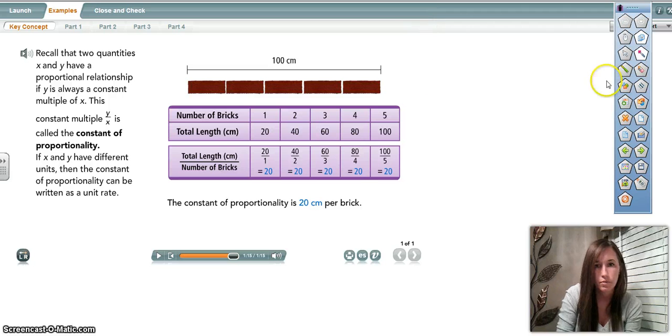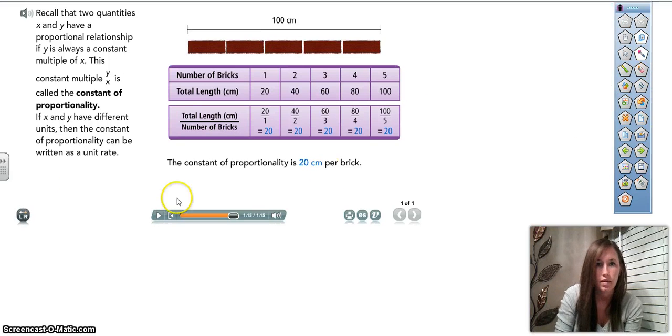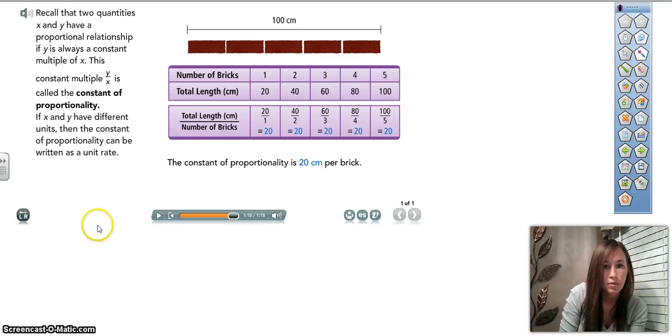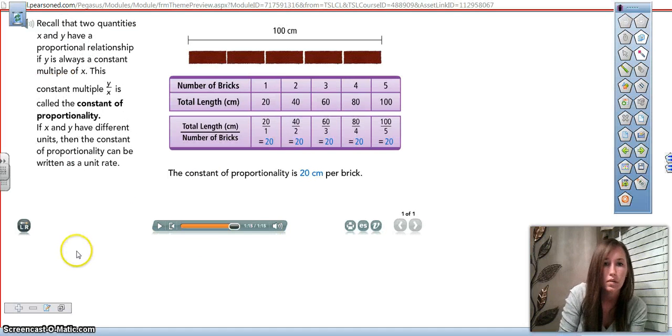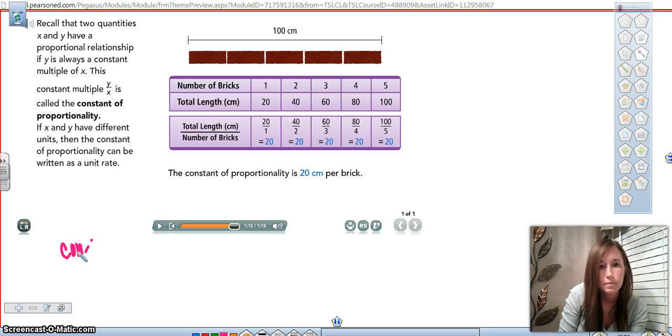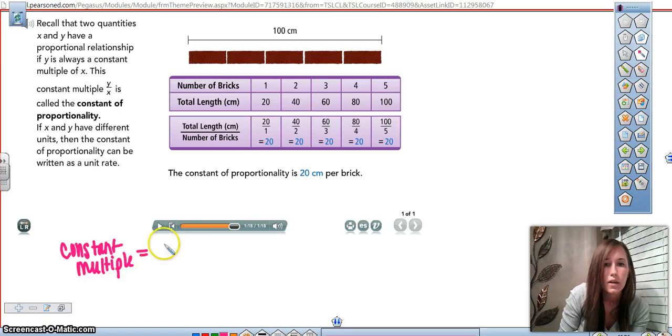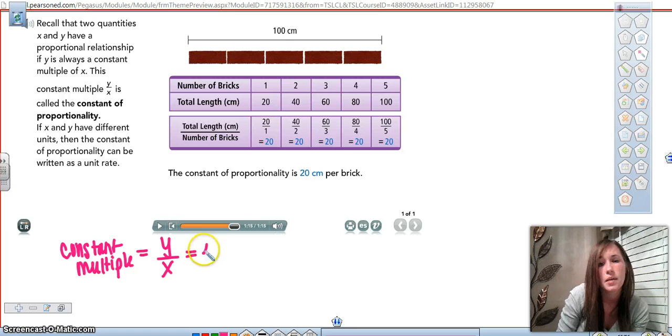Okay, so we can make a little note here. The constant multiple is equal to y over x. I guess we could also say that's our equivalent ratios.